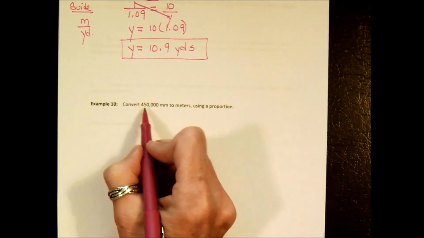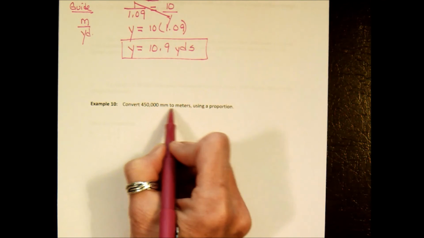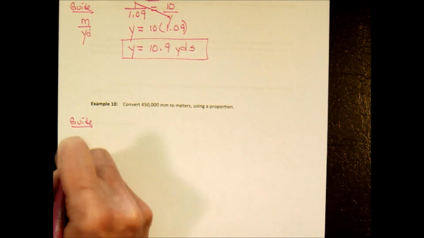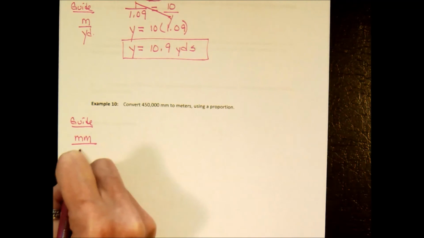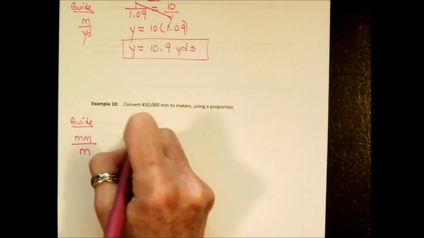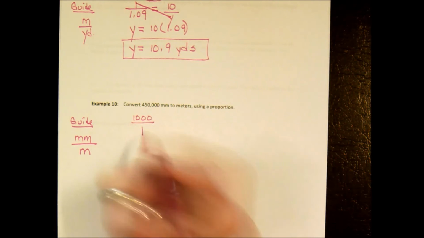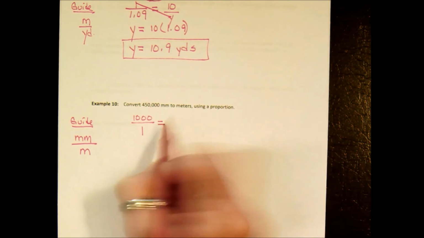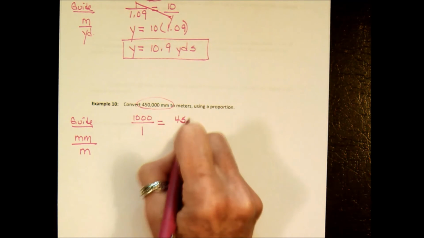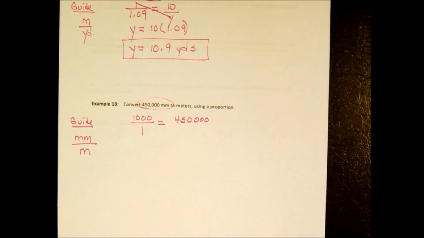Convert 450,000 millimeters to meters. So my guide in this case is millimeters on top, meters on bottom. So we look up the conversion, and you will see that there are 1,000 millimeters to 1 meter. I am given millimeters, so that goes on top. I'm going to leave out my comma because it'll be less confusing without it.